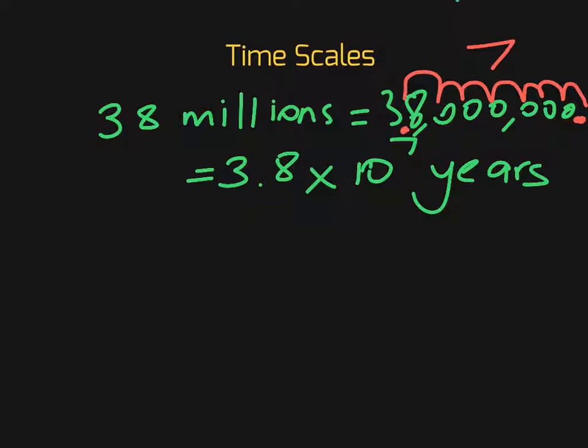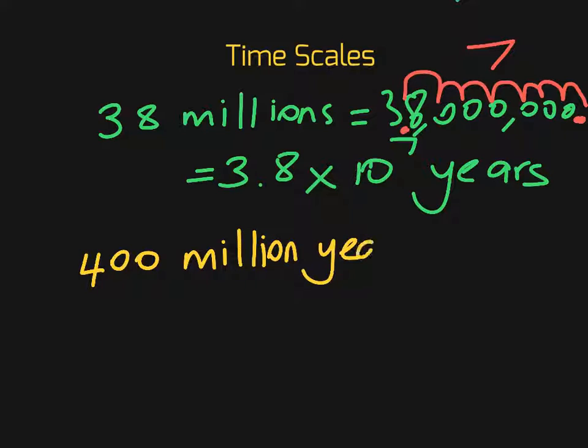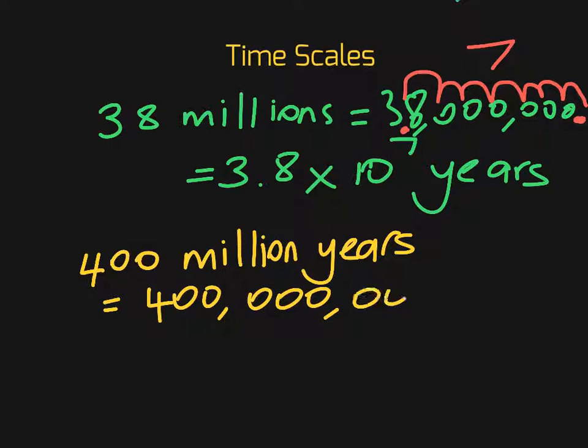Okay, so let's do another one just so you know. Let's say 400 million years. So that would be written as such. Okay. Now we want a scientific notation.